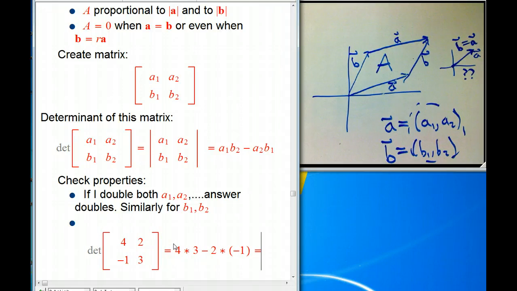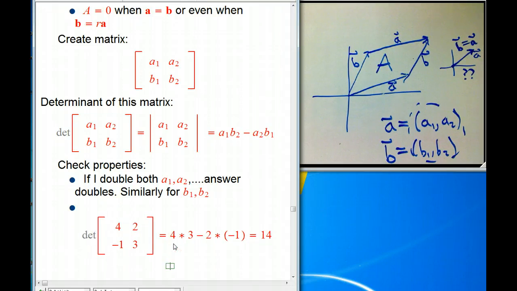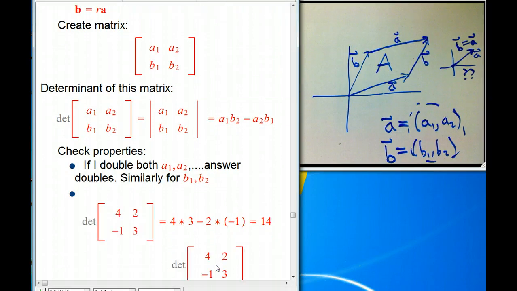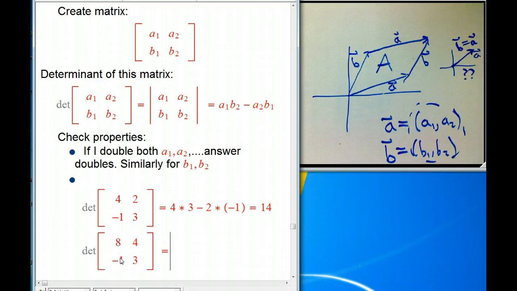So that's 12 plus 2, which is 14. Whereas if I doubled A to 8, 4, that's just going to be doubling each of these terms, and I'm going to get 28. Okay, so that shows something.